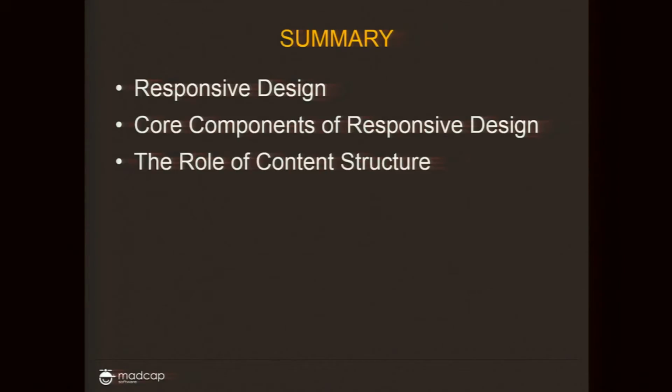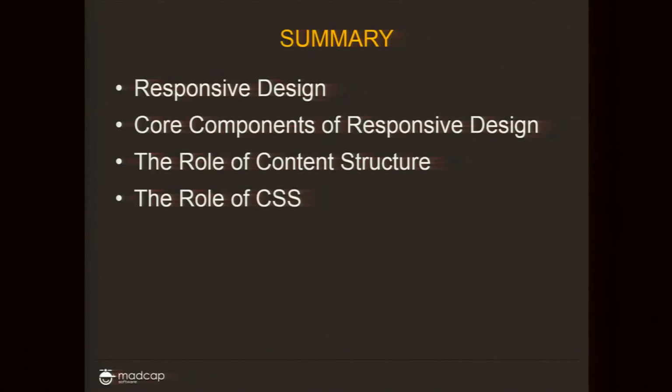All right, so we're almost down to the end. So summary, the core components of responsive design, we talked about those. Document structure is key, and we absolutely have to keep the formatting out of the content. And again, that's not just inline styles. That's the hidden tables or any kind of forced formatting we might apply.